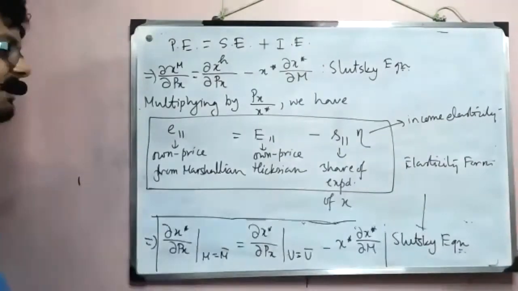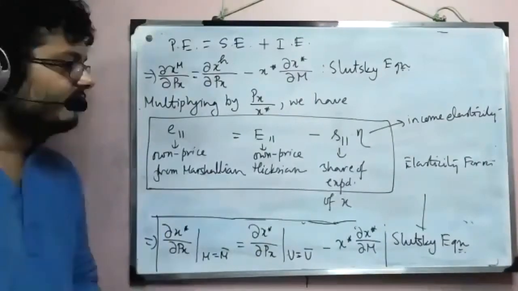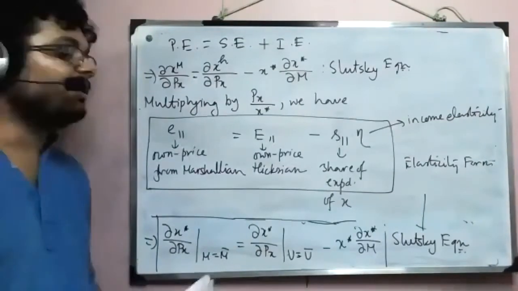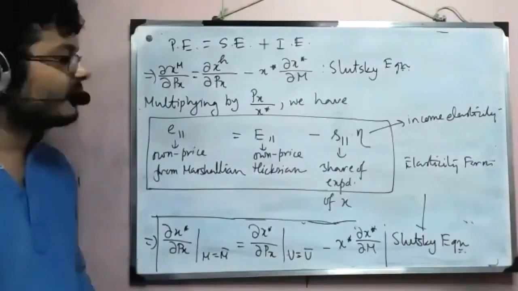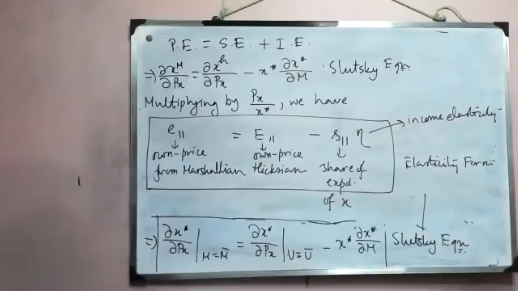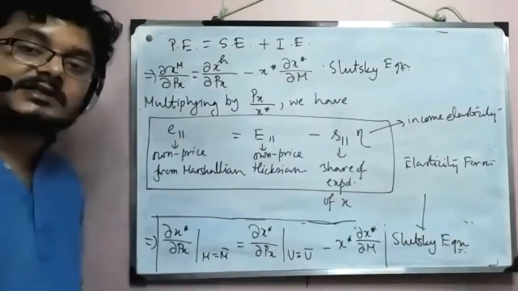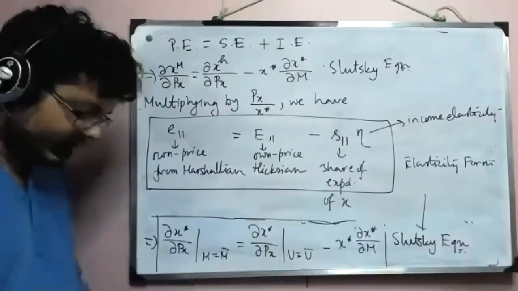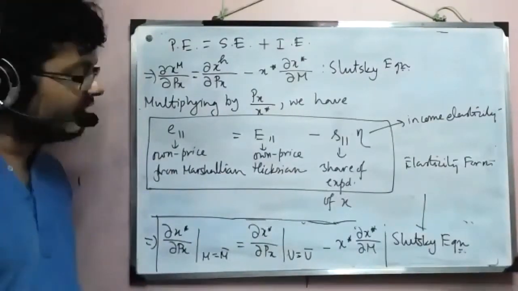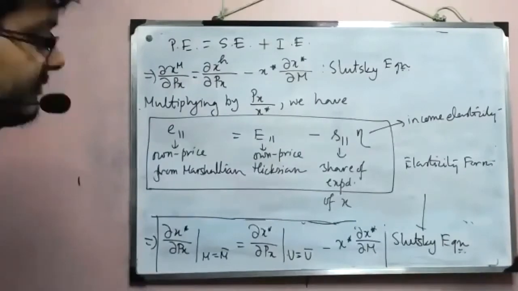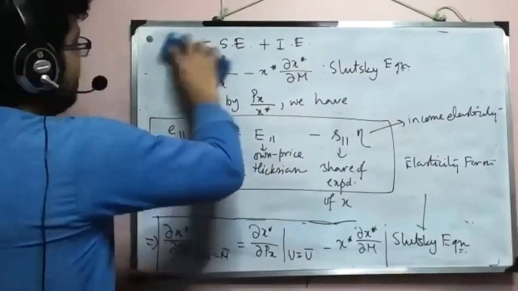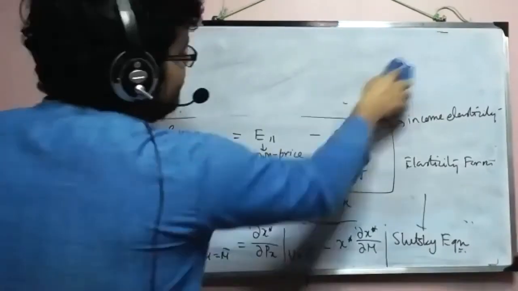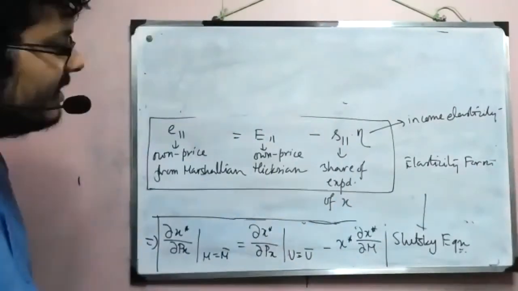Now, as you can see, using symmetry, we can have Slutsky equation of cross price also, and we can have Slutsky equation with respect to Py also. Now, just in passing, I will also mention the cross price Slutsky. It has the same form, just a bit of symbolic symmetric change.